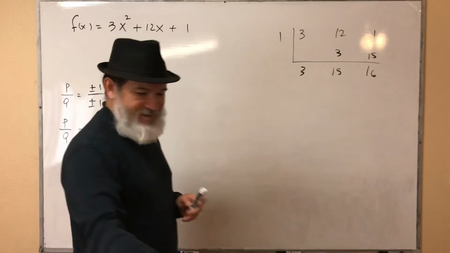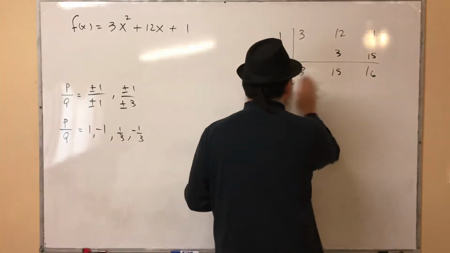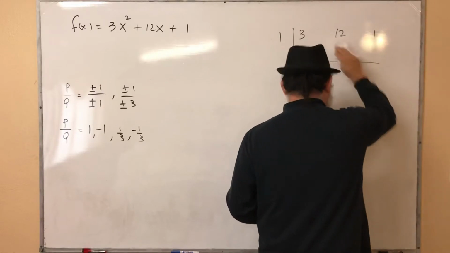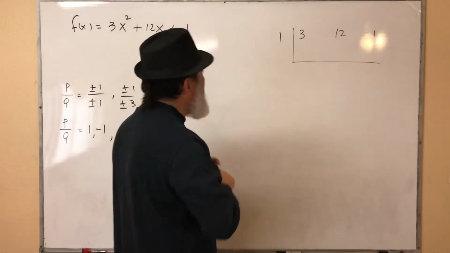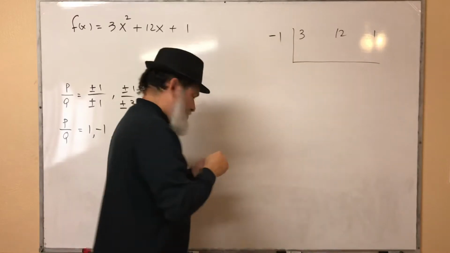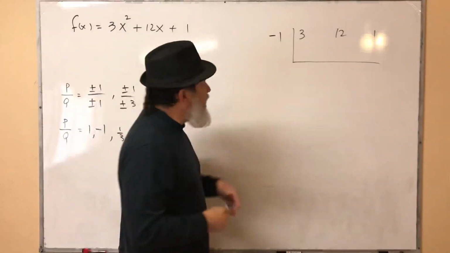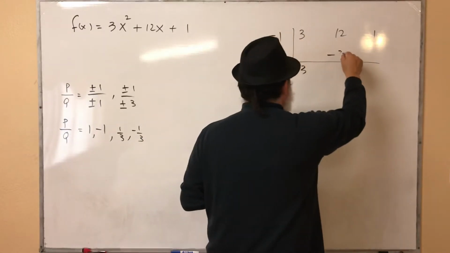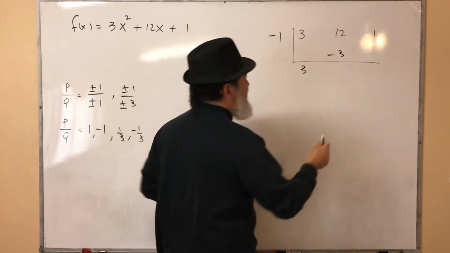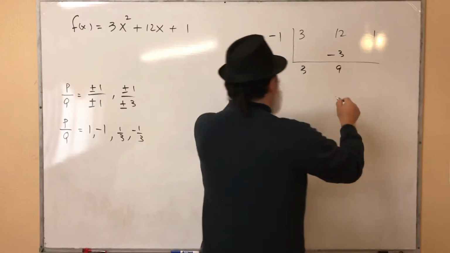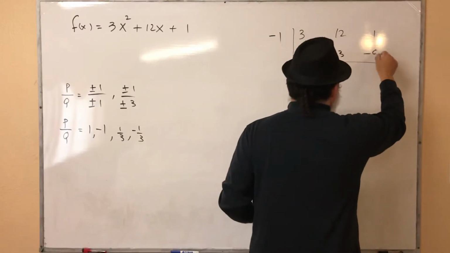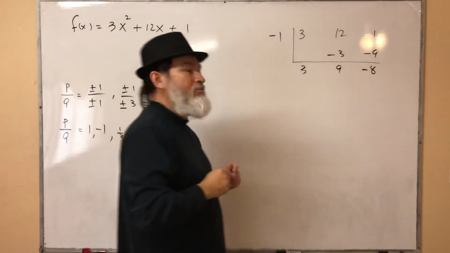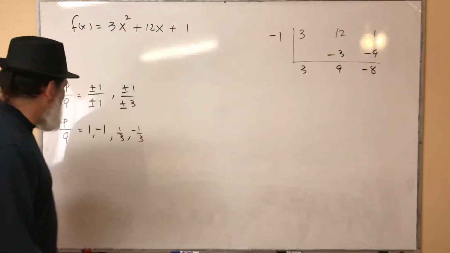Okay. Let's try negative 1. Bring down. Multiply. Add. Multiply. Add. No. Negative 1 is not a 0.